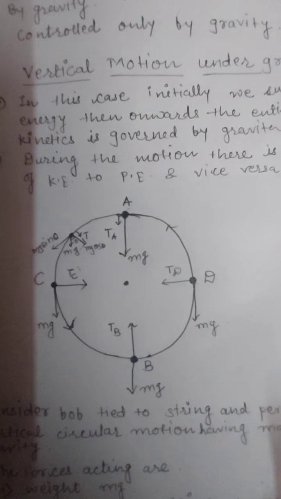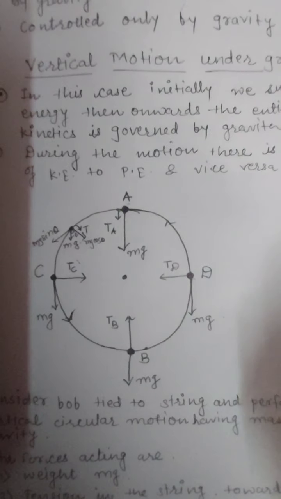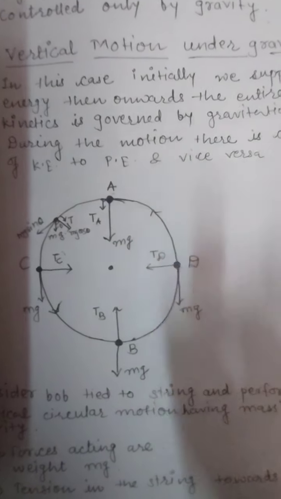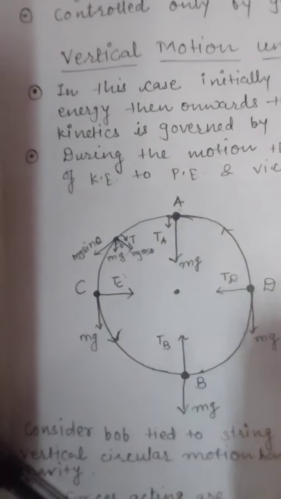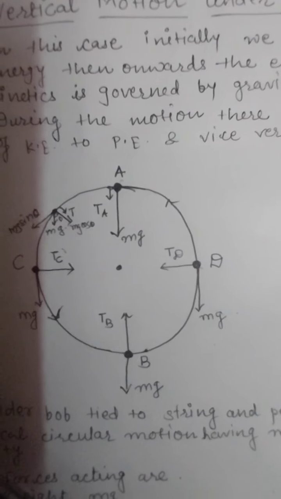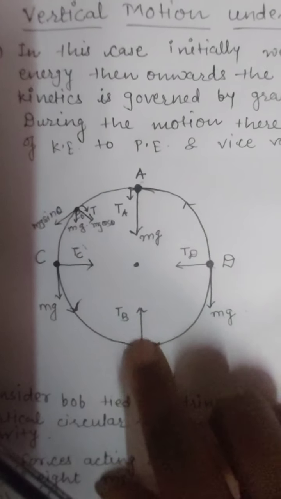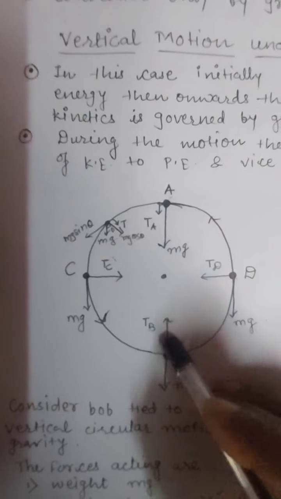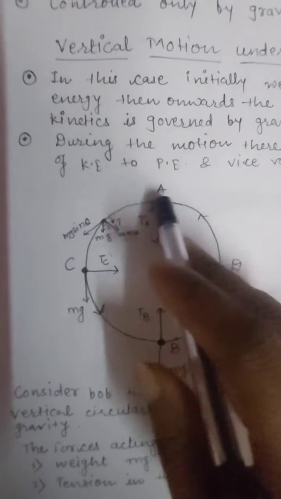In such a case, initially we provide some energy at the lowest position, and afterwards the whole motion is governed by gravity. So we'll consider here a bob at any position.